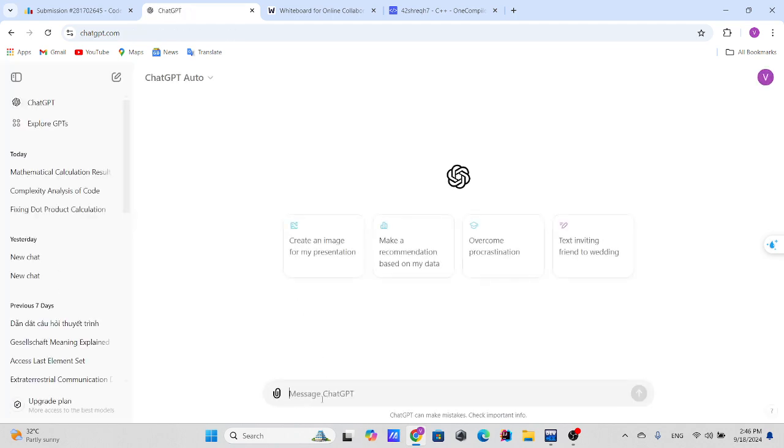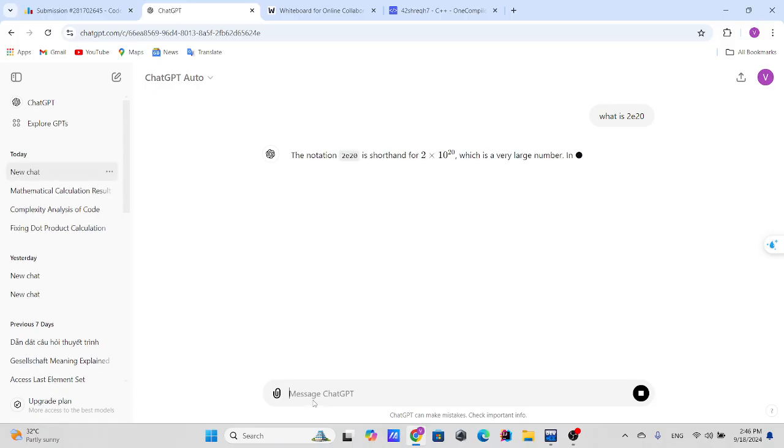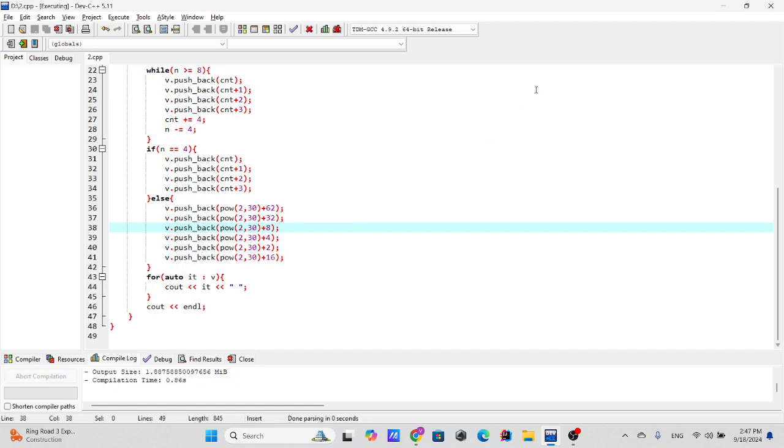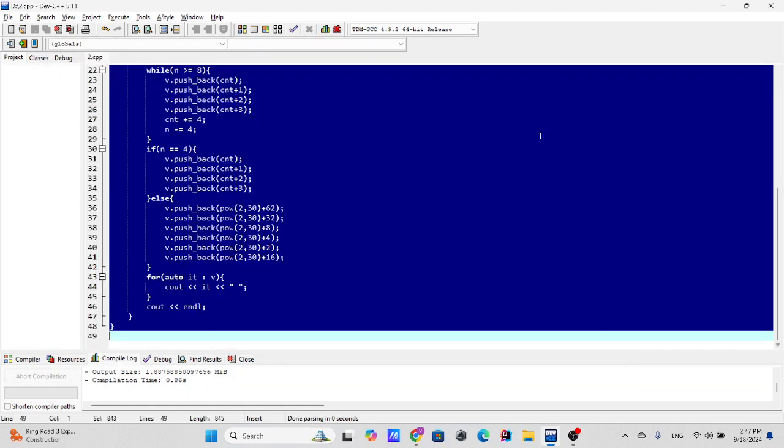I should do it more clearly. Oh, okay, so that's the reason why it's wrong. My bad, guys. Of course it will overflow. Alright. This should definitely do the job, right?